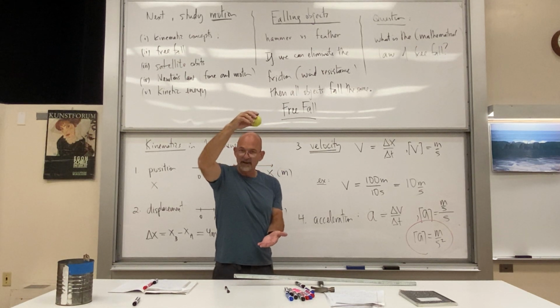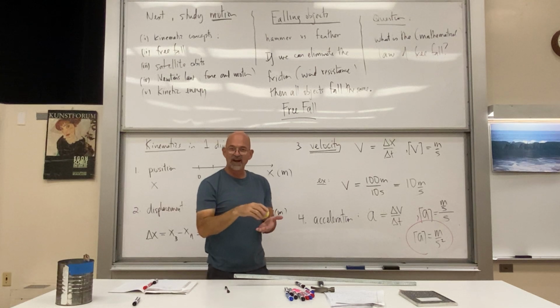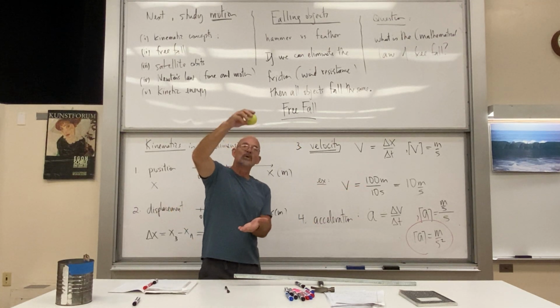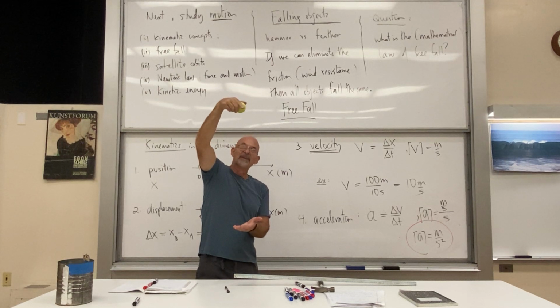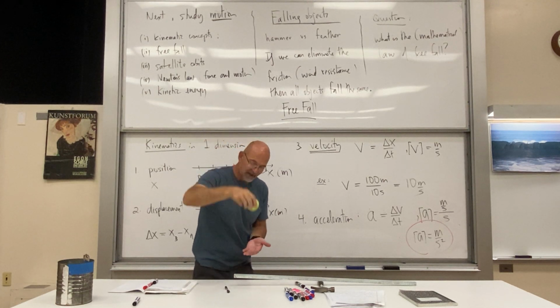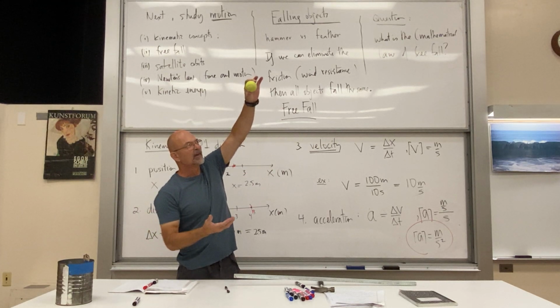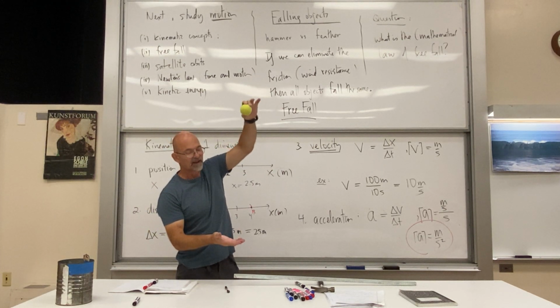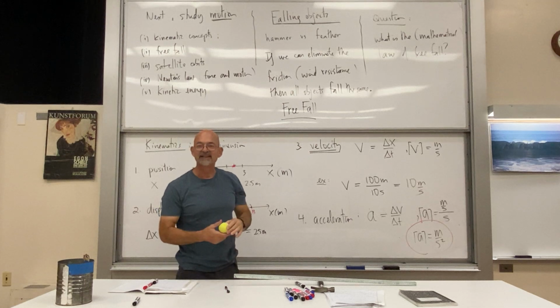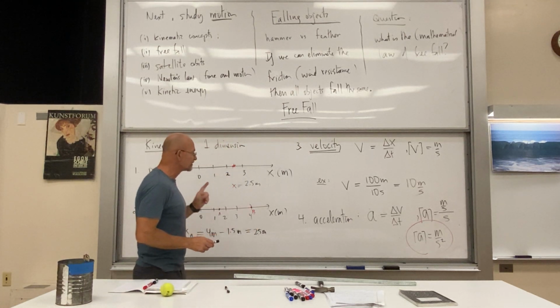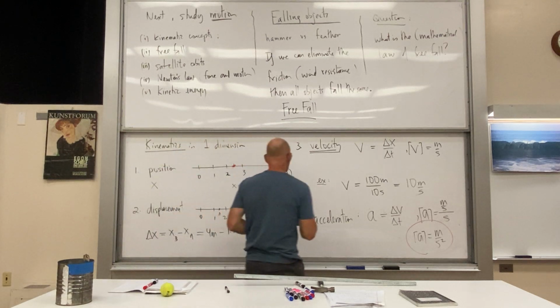Was it accelerating? Its speed was changing, its velocity was changing, so it was accelerating. It came to a stop, and then immediately after it starts picking up speed in the down direction. So it's the same as if I let go of it from here and it's picking up speed. Again, it's accelerating. So from that, we already know free fall is an accelerated motion.